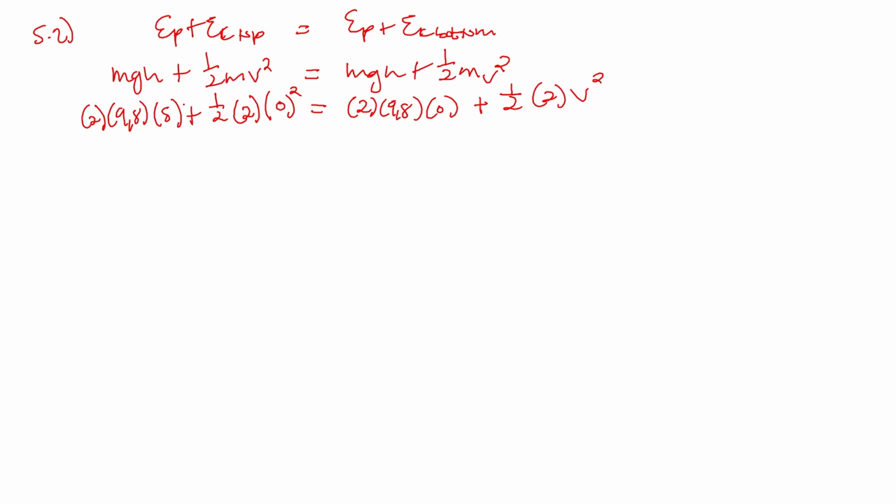Anything multiplied by 0 is 0. And then you do your math calculation, you divide, you get the square root, and you get your speed to be 9.